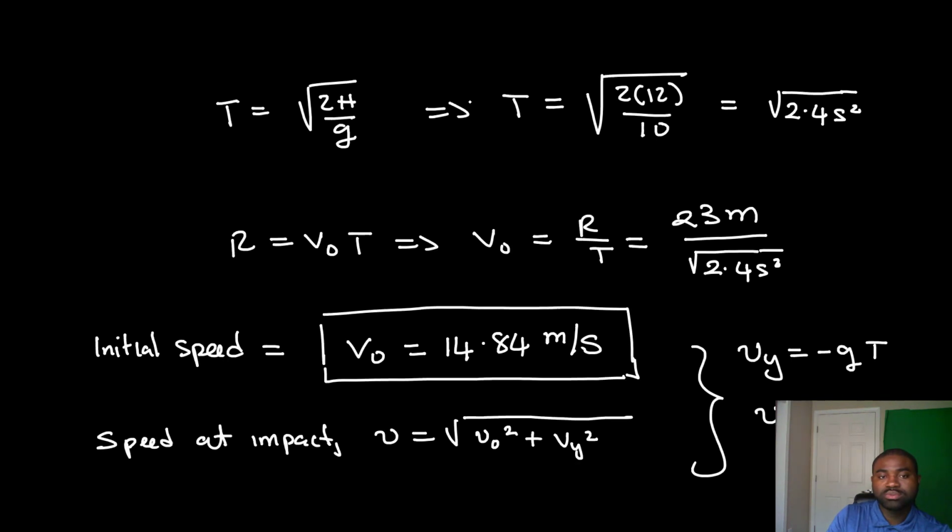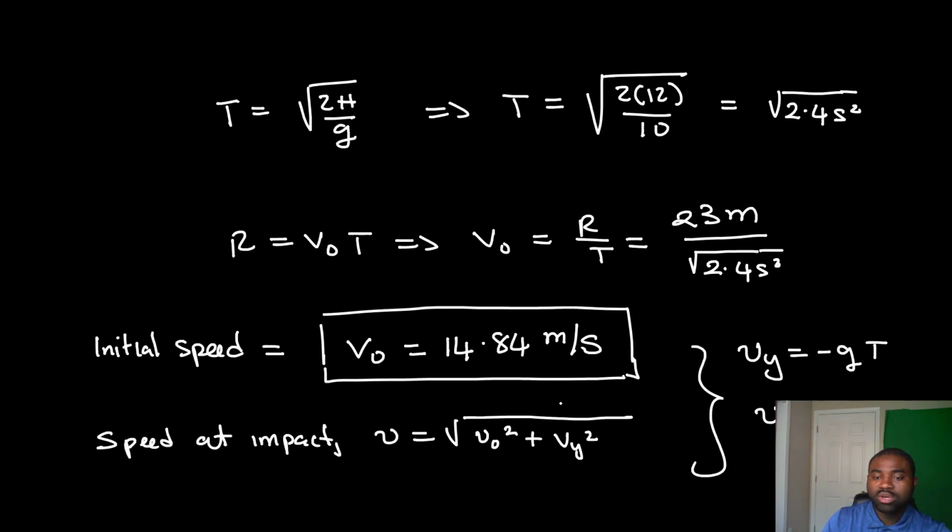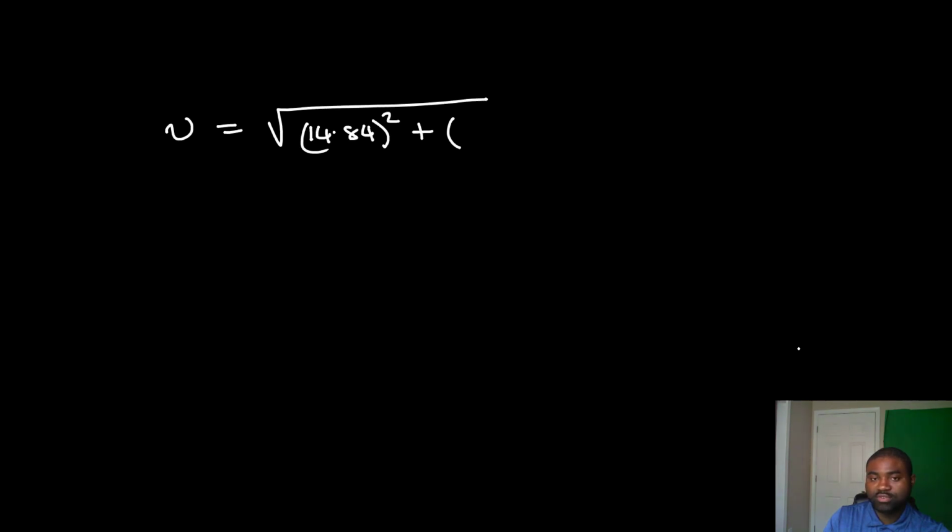So V will therefore be equal to 14.84 all squared plus, remember that T is 1.55 multiplied by 10, that will be negative 15.5 all squared.